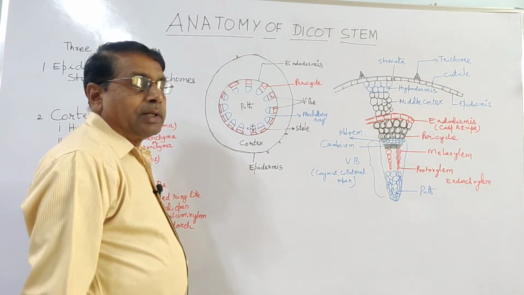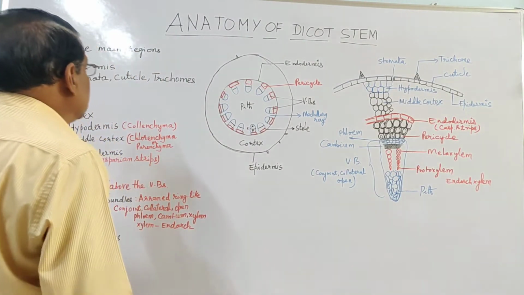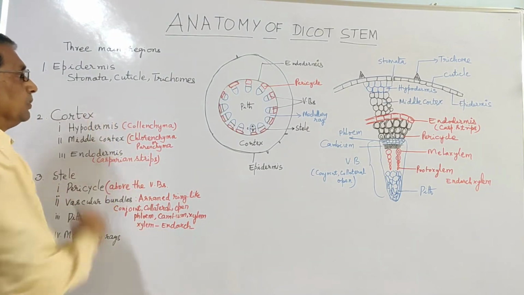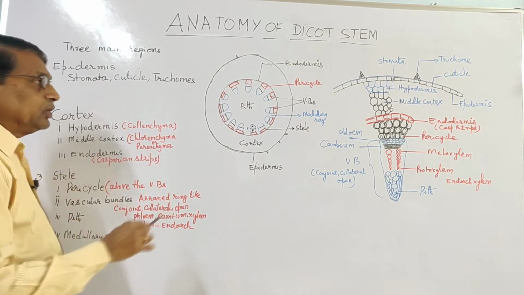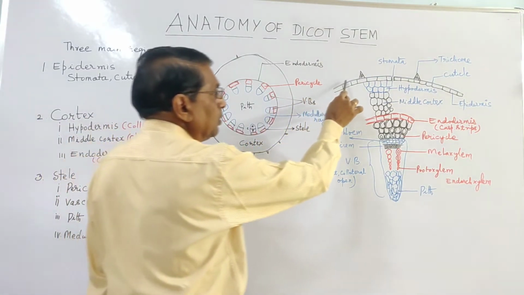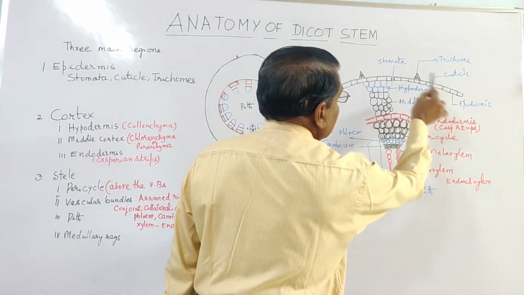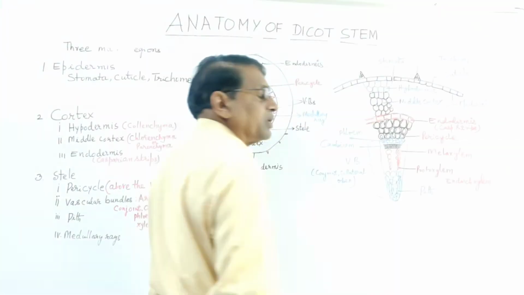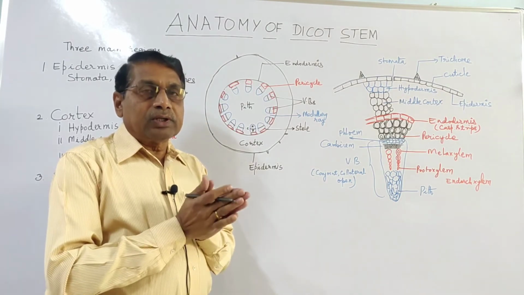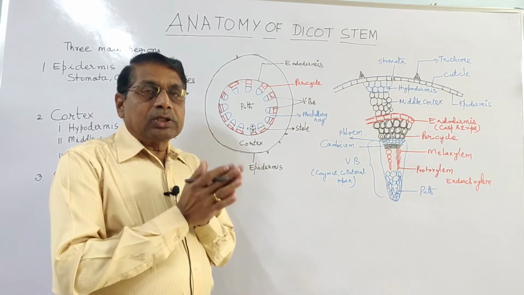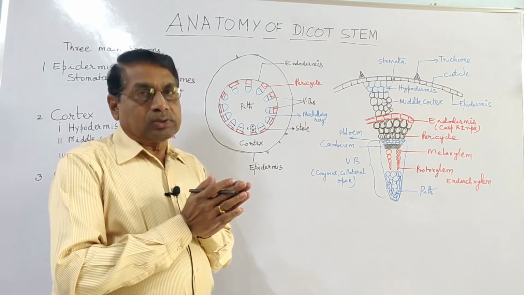It is not multi-layered. This epidermis is covered by cuticle. This blue colored one is cuticle. Usually in mesophytes it will be thin, in xerophytes it will be thick. That is protective in function, protection against the excess transpiration.